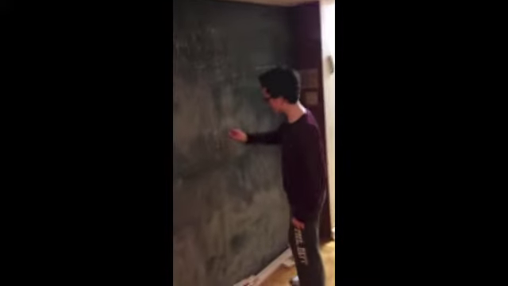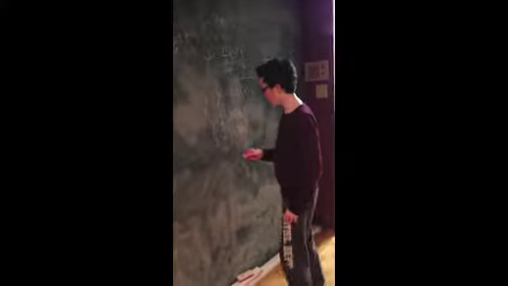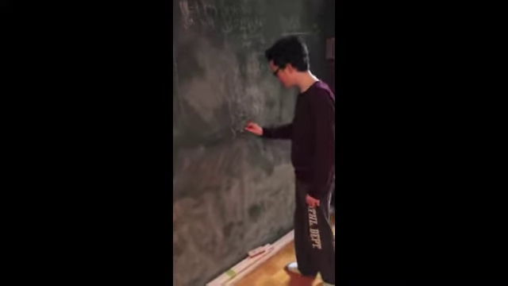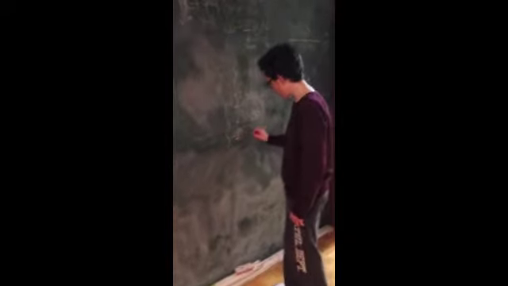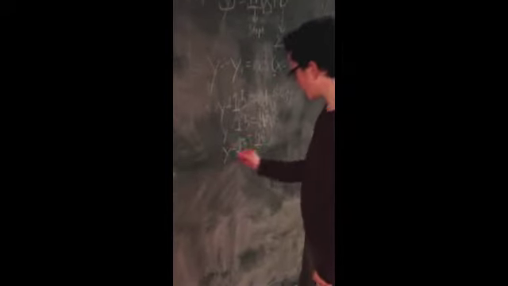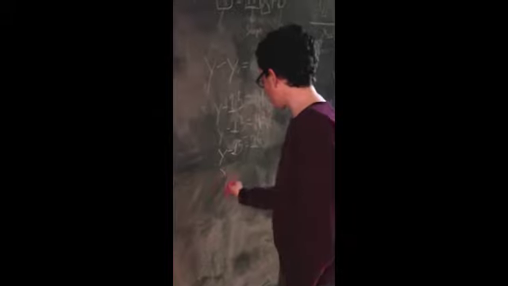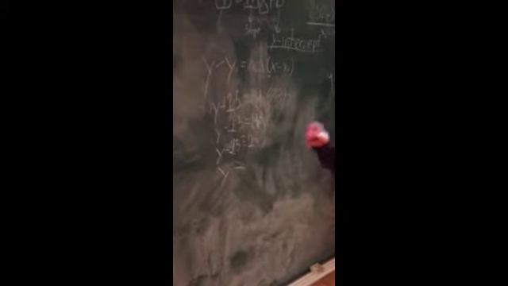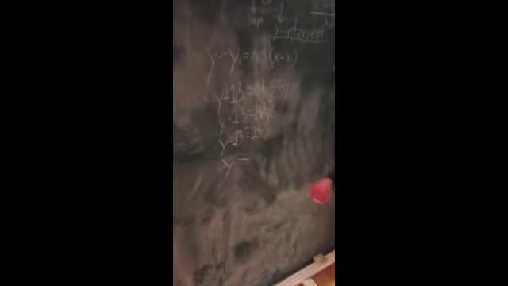So 7 minus 3 is 4, and 4 times 4 is 16. y minus 15 equals 16. If you add the 15 on both sides, you get y equals 16 plus 15, 31.